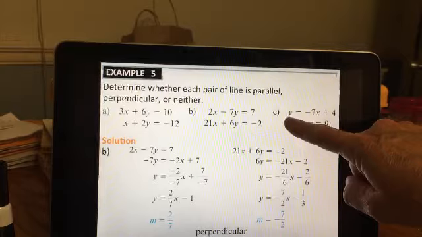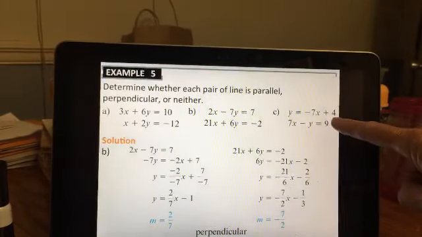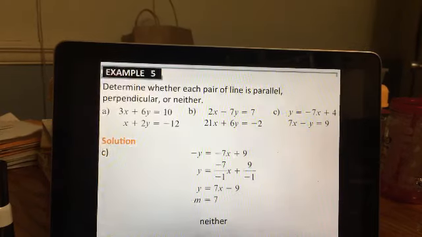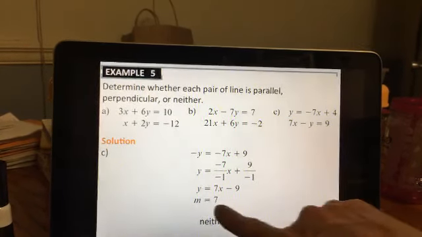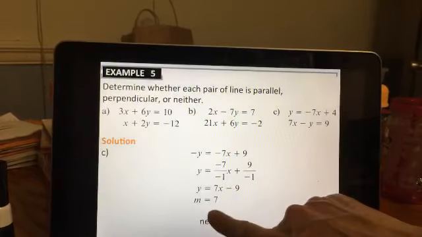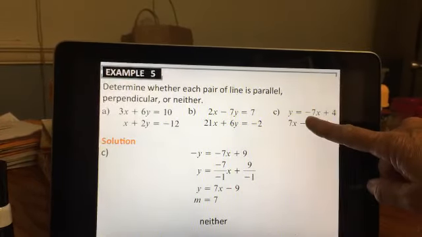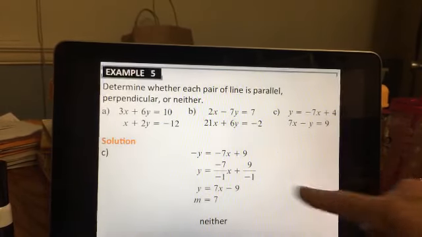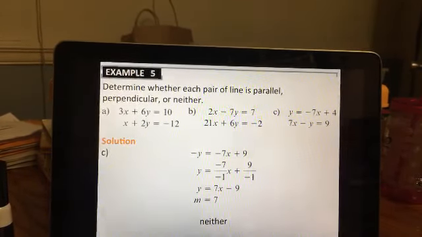Now on C, we already have one of them in slope-intercept form, so they're only going to have to put the other one in slope-intercept form. The slope for one was negative 7, the slope for the other one was 7. Therefore, they are neither parallel nor perpendicular.